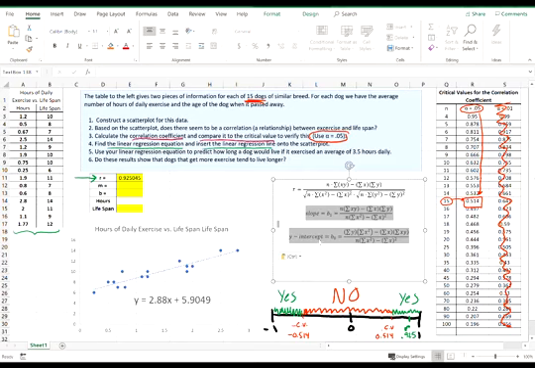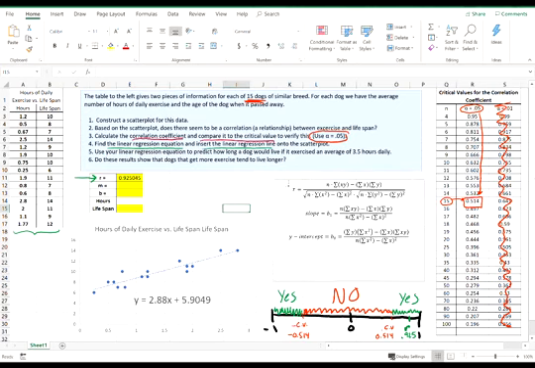Now we have the slope, 2.88, and the y-intercept, which is 5.09. This is why this 45-minute or so process takes less than 60 seconds to do all three of these. The first equation was what I typed in this box, and the second and third equations came from clicking the box that said display the equation on the chart.